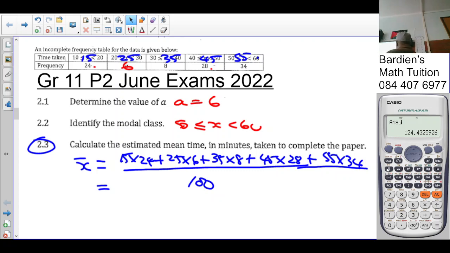So this is over 100. So that gives us an answer of 39,2. Is that correct? 39,2.